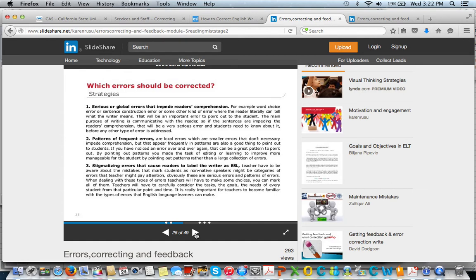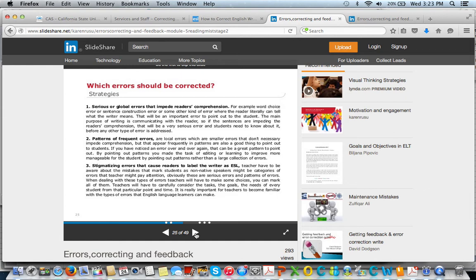A pattern of frequent errors is one where they may be smaller errors, but they're occurring over and over. So this is a good learning opportunity because it's obviously a place where the student, because they make that mistake repeatedly, has missed out on or gotten wrong up until now. The other day I saw in one of my students' papers a lot of verb tense errors.